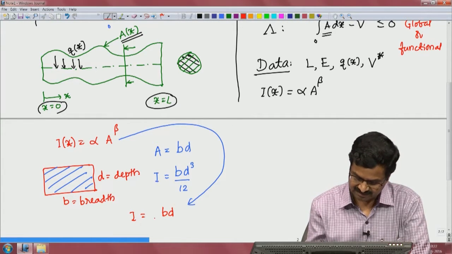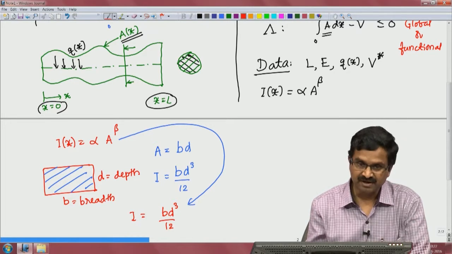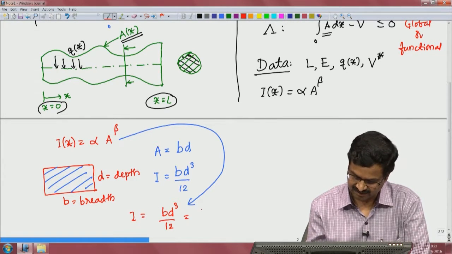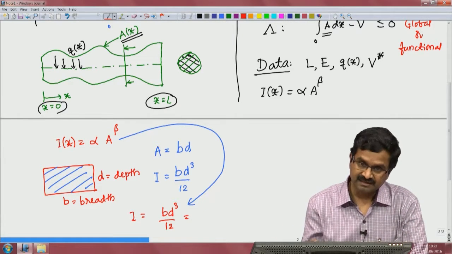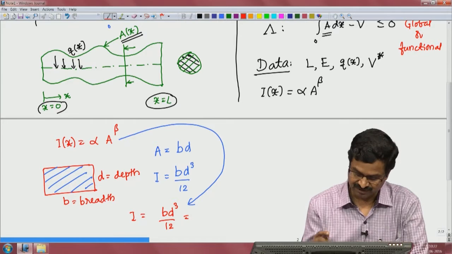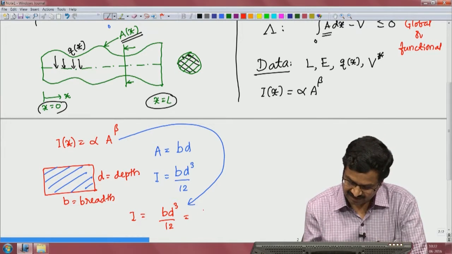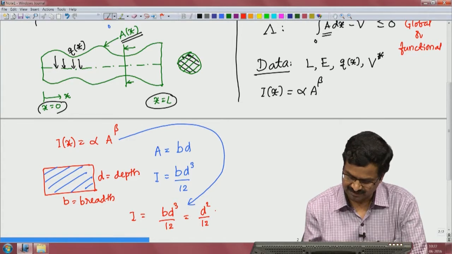So, I can write this I as B d cube by 12, right. So, if I want to put area, I need to multiply by b square and divide by b square. Let us actually take d as the fixed value. So, I will take out d square, put 12 as it is, times b d.